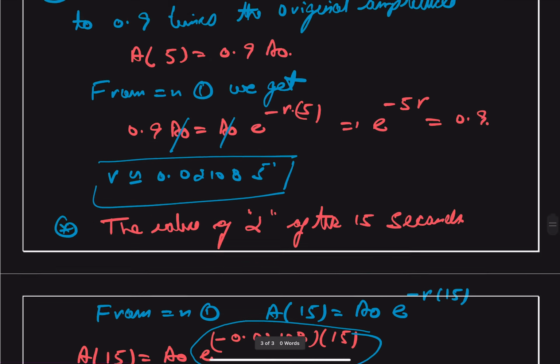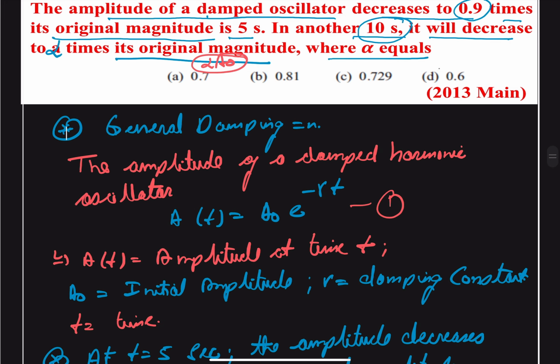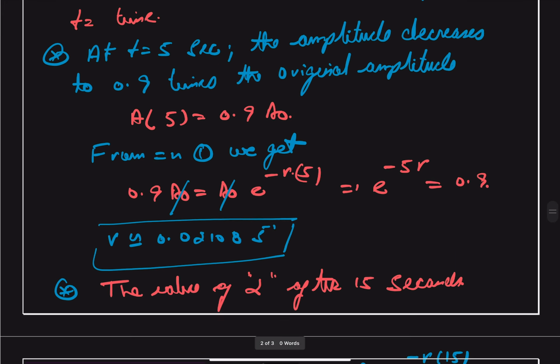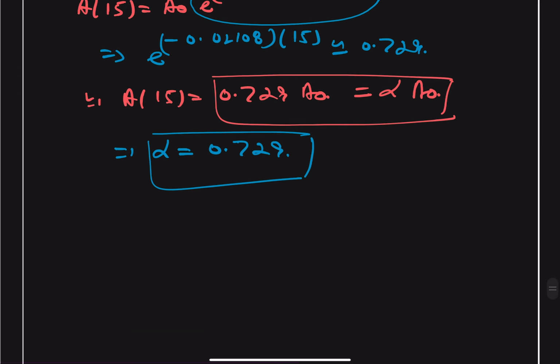So the options that are available to us, if we check it, option number C is the correct option. So this completes the question.